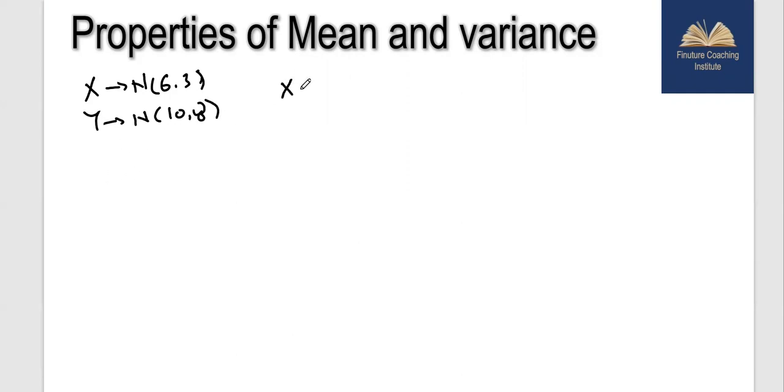So x plus y would be normally distributed.